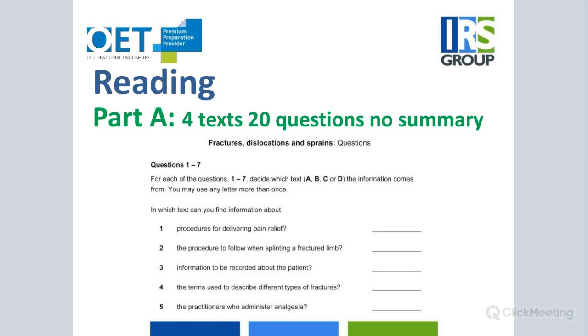I do have a question popped up on the chat: if they describe more than 2 procedures, how to select the correct one? That depends upon the question, Shibi.